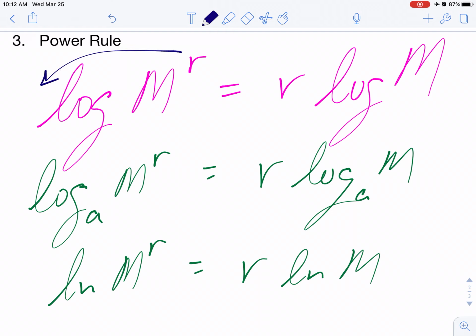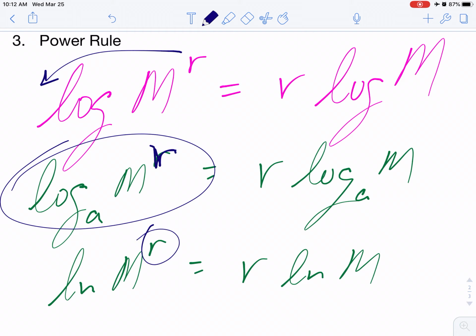When you have a log expression that has a power up here where this r is, this power ends up dropping down in front of your logarithm. You notice it comes down front in all of these. That's called the power rule. And again, it's a simple one, but it's probably the most important one from this section.